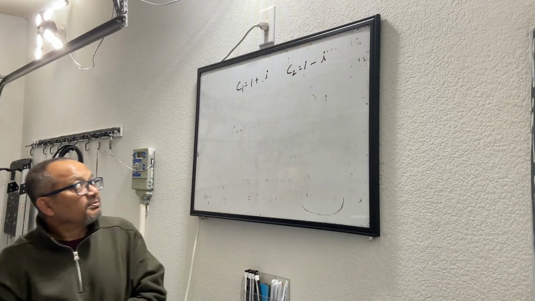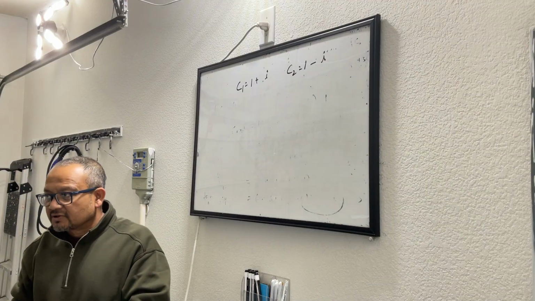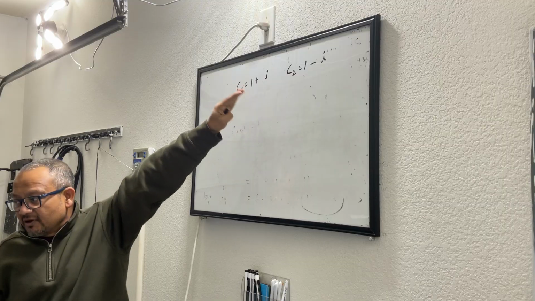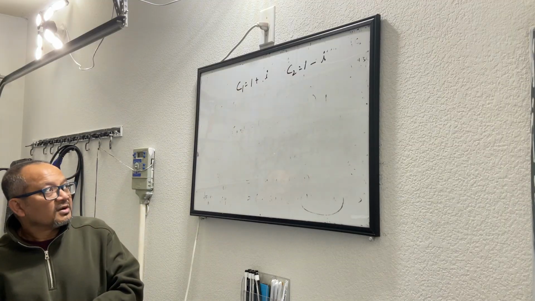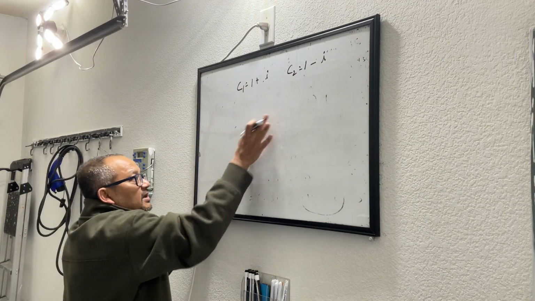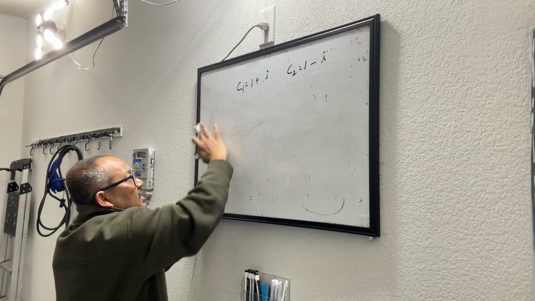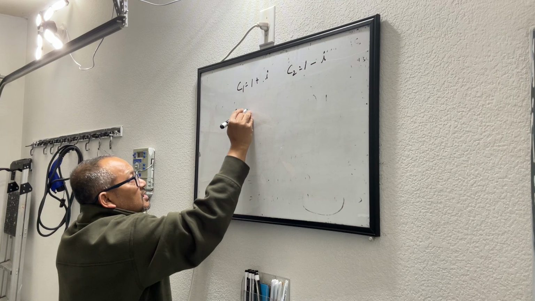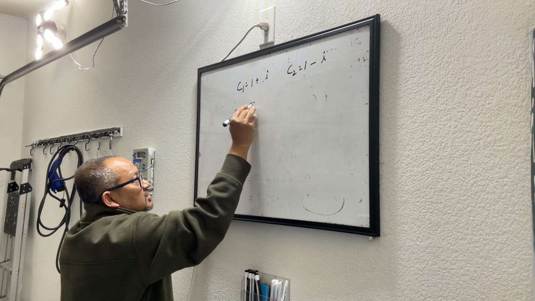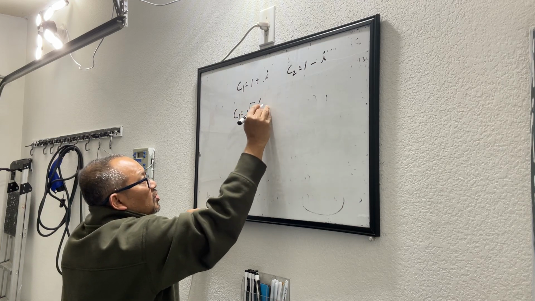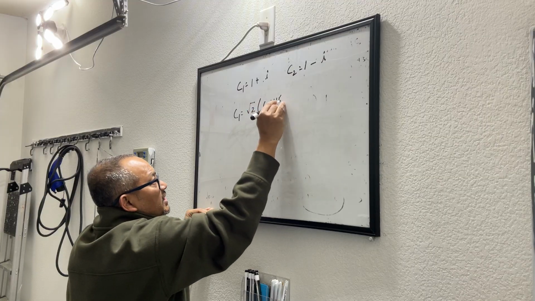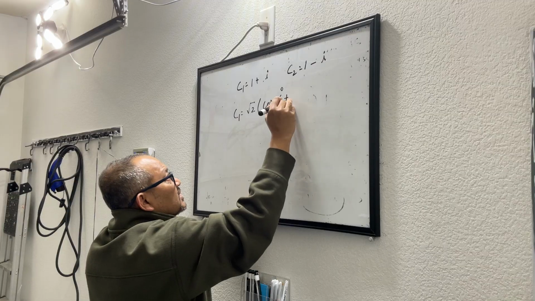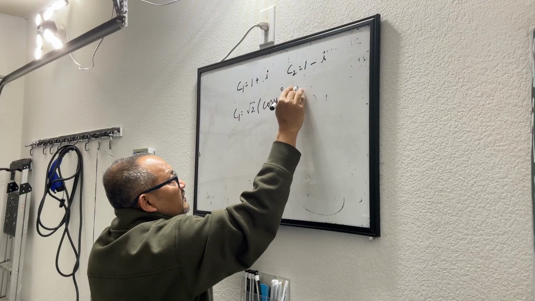I'm picking simpler ones so that I get the value of theta easily. So when you have to solve this in polar form, let's say you are given the first complex number equals square root 2 cos 45 degree plus i sin 45 degree.